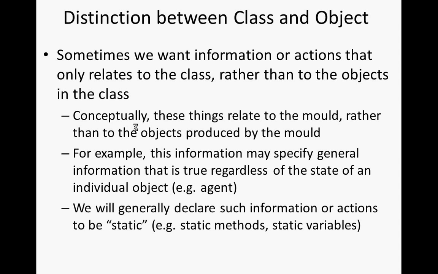But static information, let me give you an example of static information, okay? Suppose we have a model. We have a lot of agent classes. We have persons, we have deer, we have birds, I don't know, it's a full menagerie.